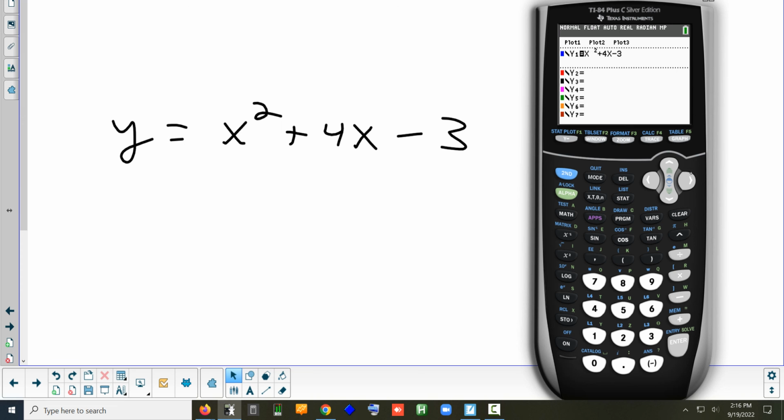Let's change this 4 to 2. Now, I don't think it's going to cross at all. Let's see.